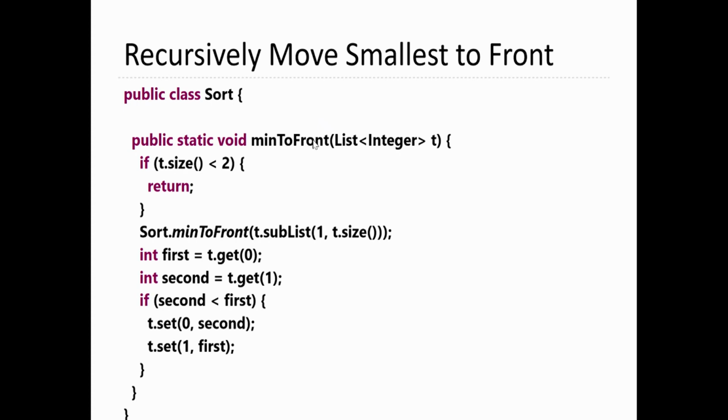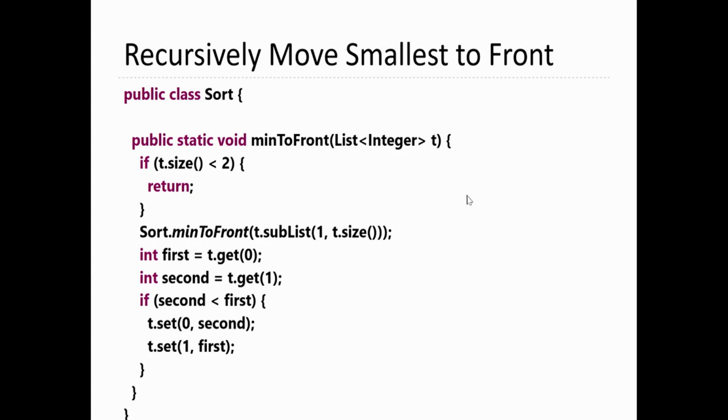So this is min to front solved recursively. Ignore the base cases first. Step 1, move the smallest element in the sublist, not including the first element, to the front of the sublist. The signature of my method is min to front of some list. I want to move the smallest element in the sublist, not including the first element.